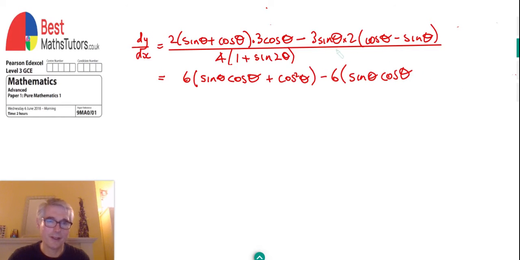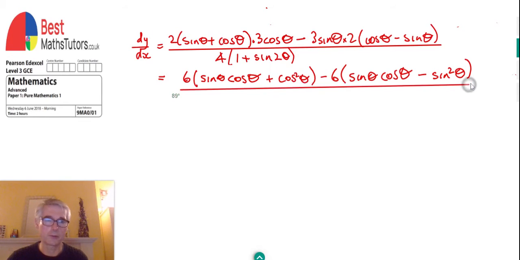And then we've got sine theta times minus sine theta, which is going to be minus sine squared theta. And we've got to be very careful with signs in all of this. So I'll just rewrite what I've got on the bottom line there, which is the 4 and then the 1 plus the sine 2 theta.